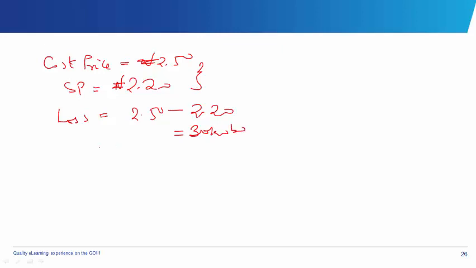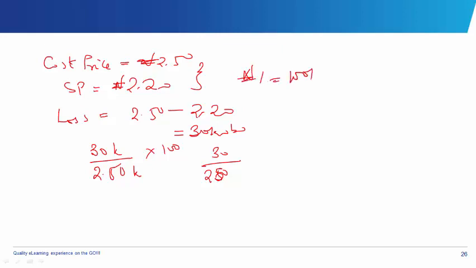The percentage loss will now give us 30 kobo all over the cost price, which is 2 naira 50 kobo, times 100. So we'll convert 2 naira 50 kobo to kobo. I'll have 30 over 250 kobo. Mind you, 1 naira equals 100 kobo.